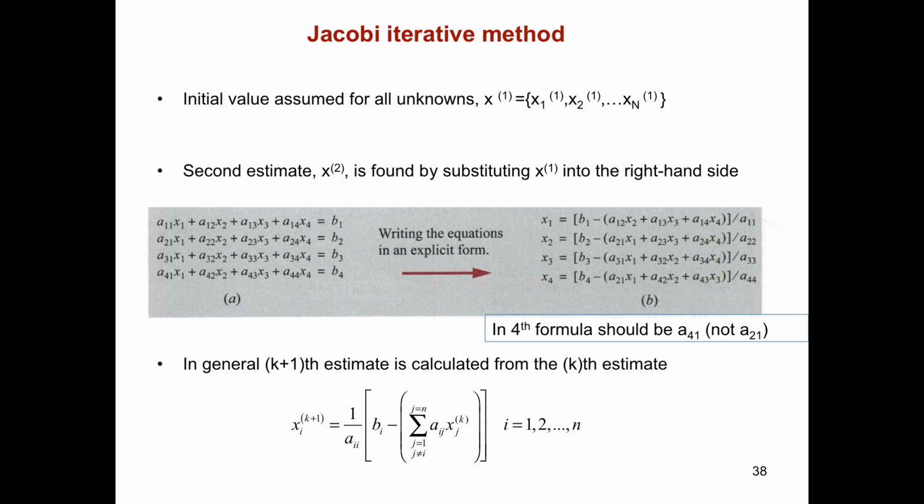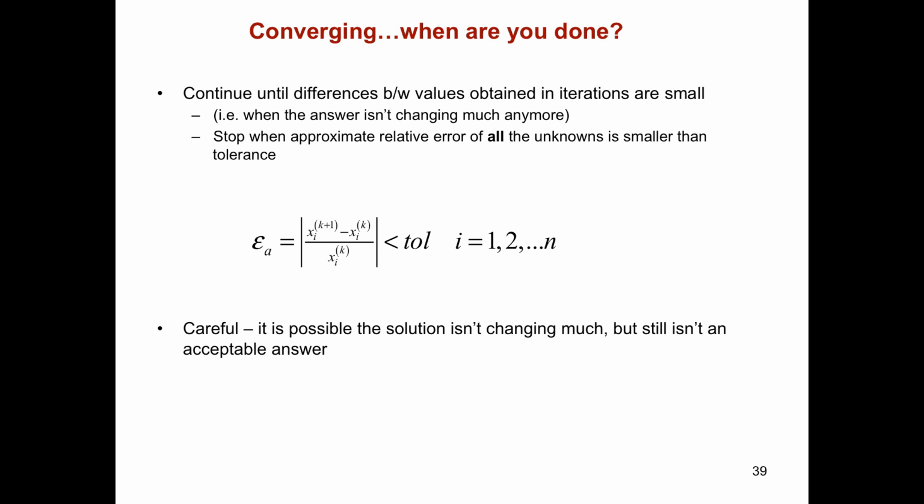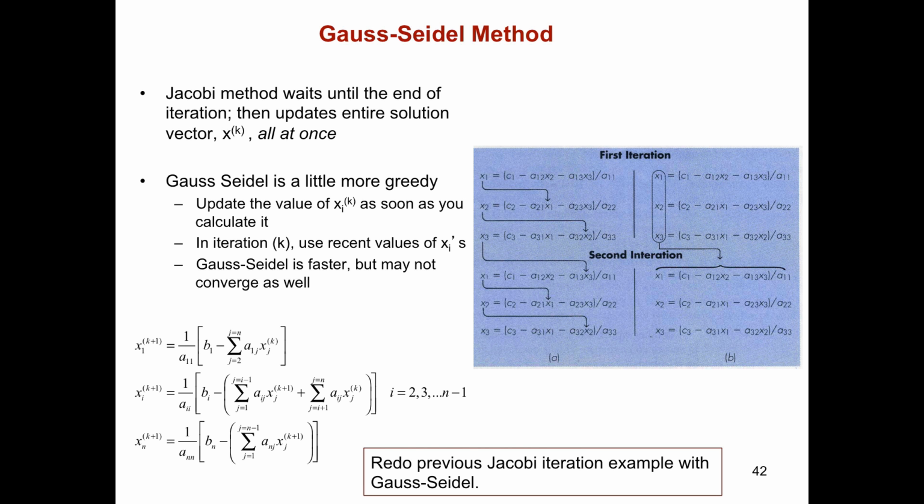So you're always using x new, whatever is the newest one you have. That is essentially the Gauss-Seidel method. So if I'm computing x3 or x4, I'm going to use x1 and x2 that I already computed in the loop before.